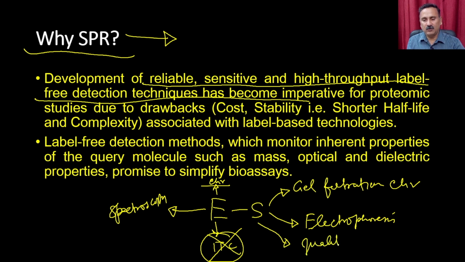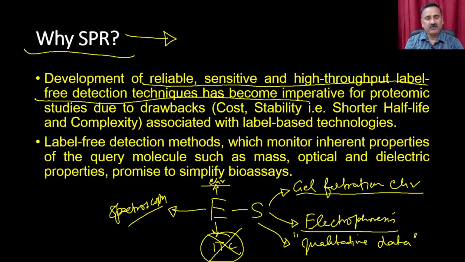It's actually going to tell you that this enzyme and this substrate are interacting with each other, which you can know by gel filtration chromatography, electrophoresis, spectroscopy, ion exchange chromatography, and hydrophobic interaction chromatography. But it will not tell you about many things.